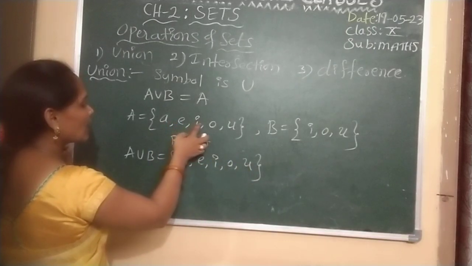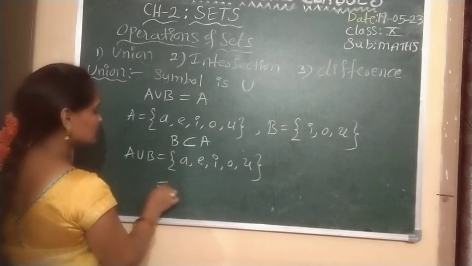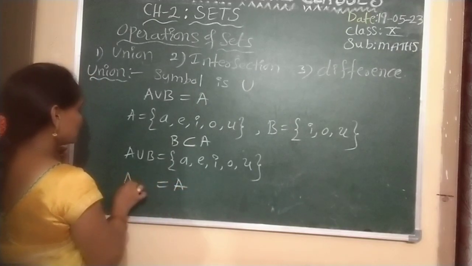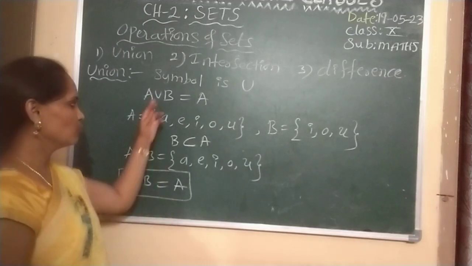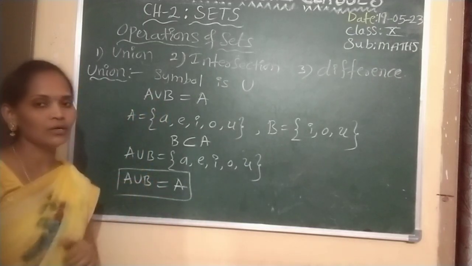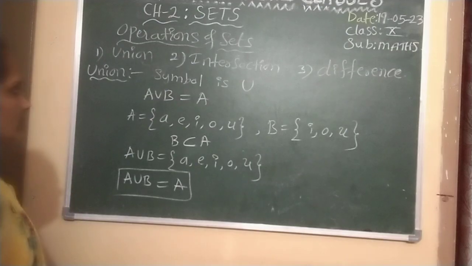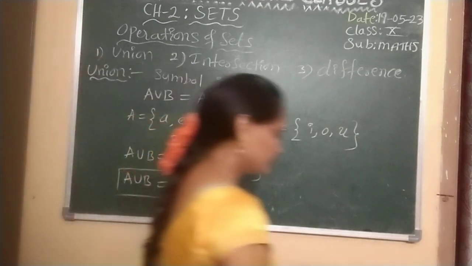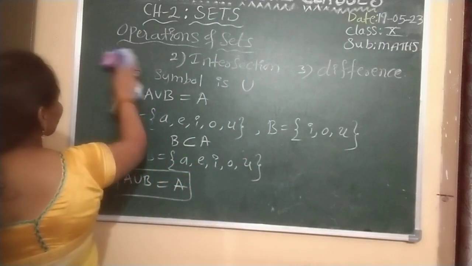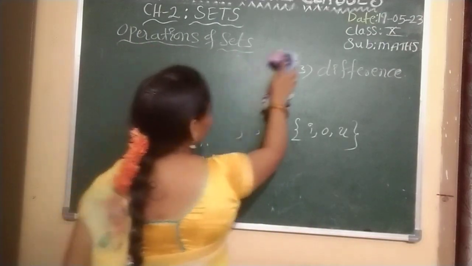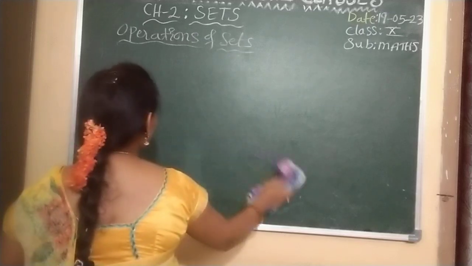That is set A. So A union B is equal to A. We proved this. This is one important thing to remember. Now the first operation, union, is over. Next I am going to explain intersection.